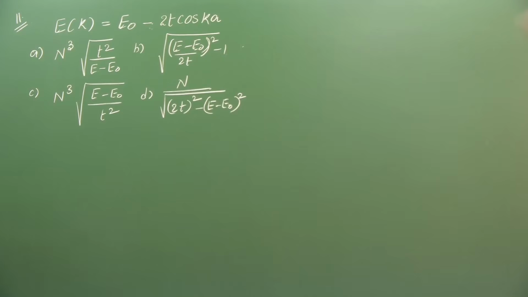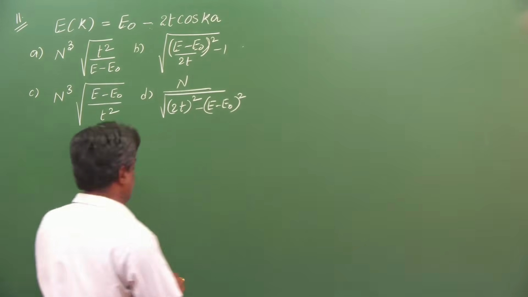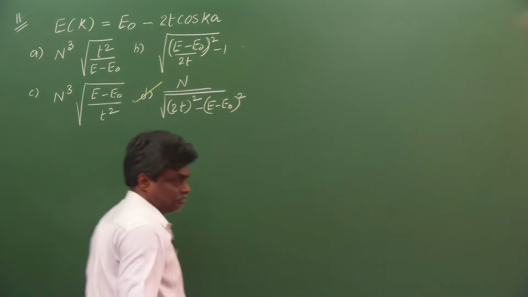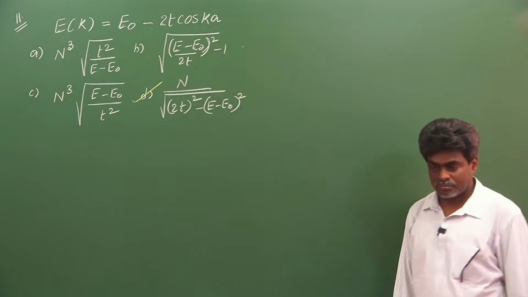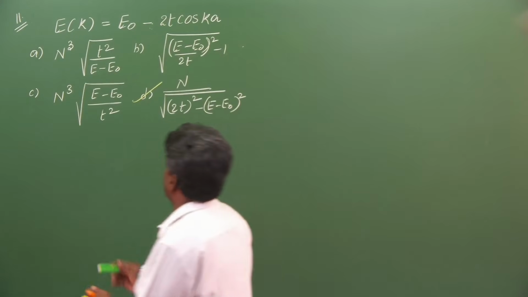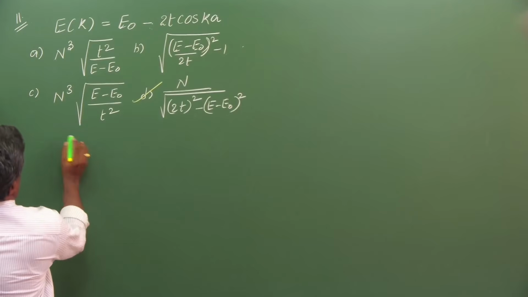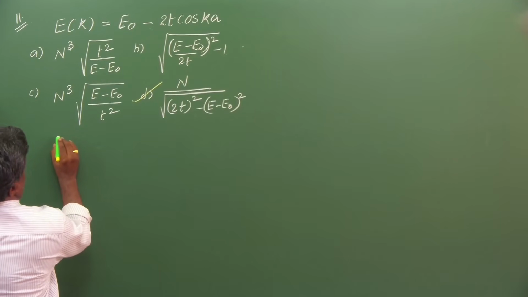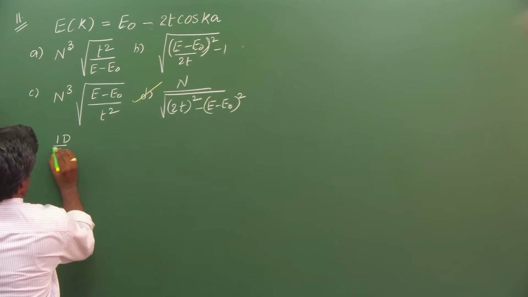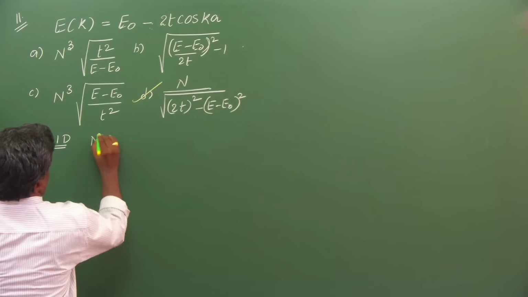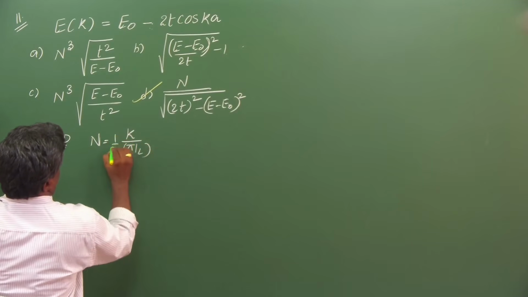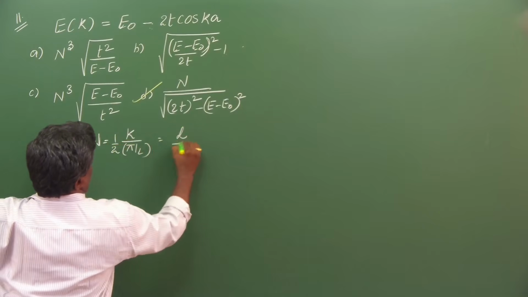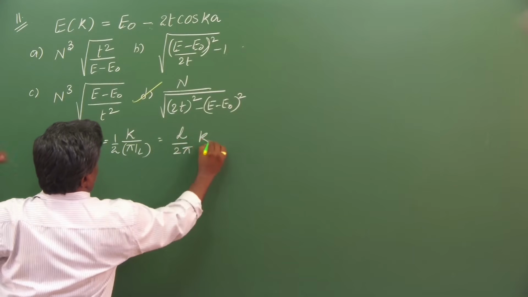Option B. Good. Right, very nice. So this is a 1D lattice, n equal to k by pi by L into 1 by 2, that's why L by 2 pi into k.